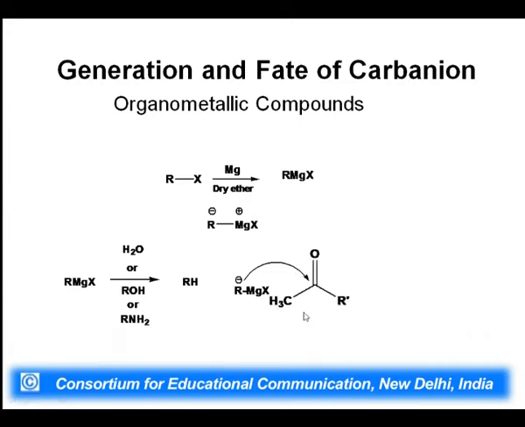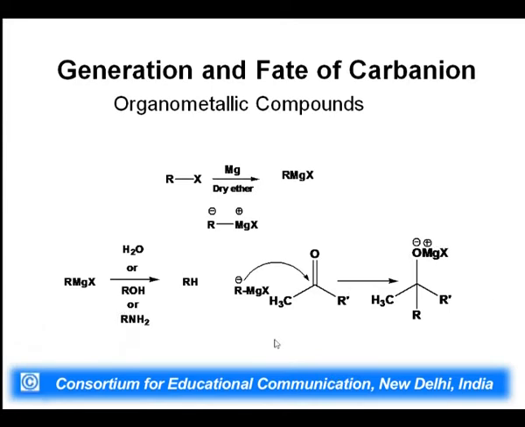Now for the second type of reaction, this R minus, again I have placed it notionally so that I can make things easier for you to understand, is acting as a nucleophile again. So this reacts on the carbonyl compound to give you this kind of a system. This R is adding on here, and this R dash or CH3 may be an alkyl group or a hydrogen.